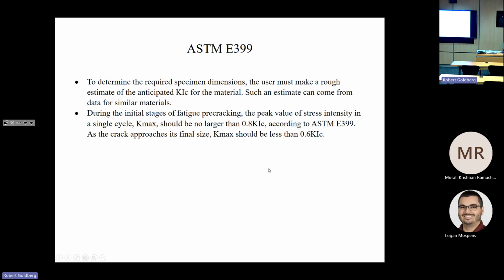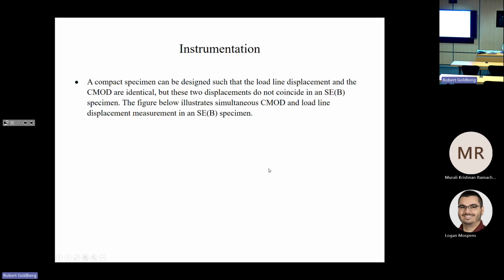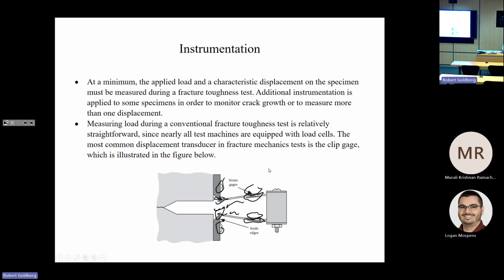During the initial stages of the fatigue pre-cracking, the peak value of the stress intensity in a single cycle shouldn't be larger than 0.8 K1C. And as the crack approaches its final size, this maximum stress intensity factor should be less than 0.6 K1C. And remember, it's a maximum because in the fatigue pre-cracking, you're applying a cyclic load.